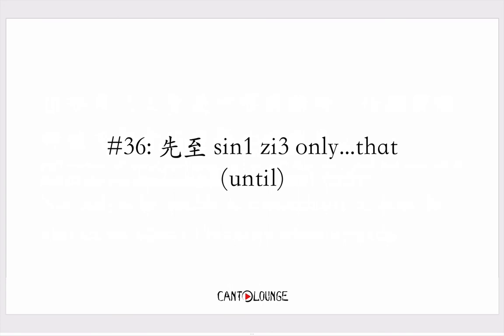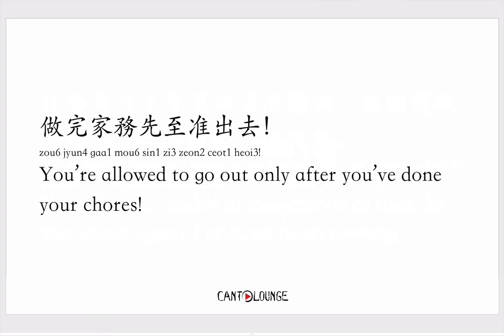Number 36, 先至 until. This is usually one of the more awkward things to translate because 先至 itself doesn't actually mean until, but let's have a look at an example to see what that means. So, for example, the wife might shout at the husband, 麻煩你喎，唔該你做完家務先至準出去. Or really just 做完家務先至準出去. So 做完家務 after finishing chores, 先至準出去 you are allowed to go out.